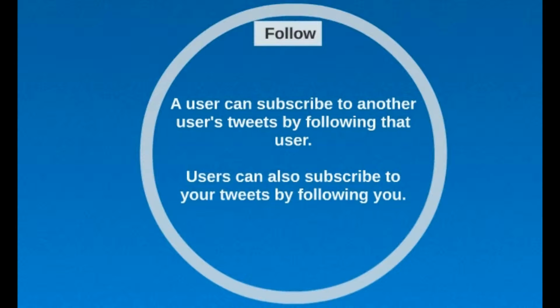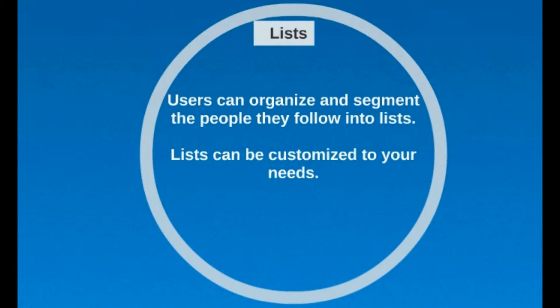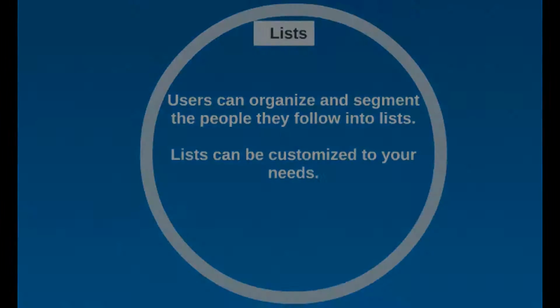Users can also subscribe to your tweets by following you. Users can organize and segment the people they follow into lists. Lists can be customized to your needs. This means you can segment by clients, leads, potential leads, influencers, community members, staff, geographic location, or however it works for your company and your goals.